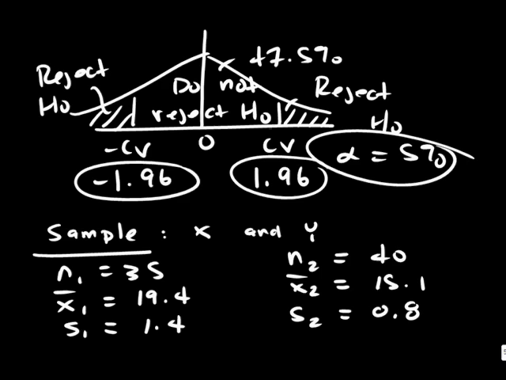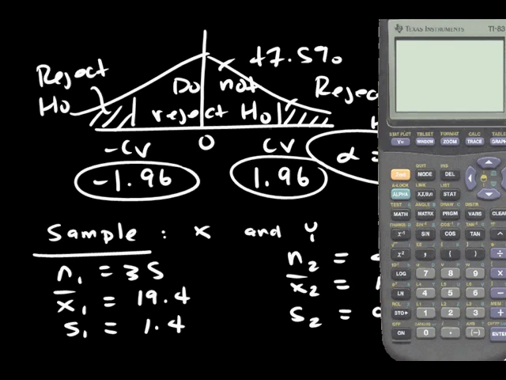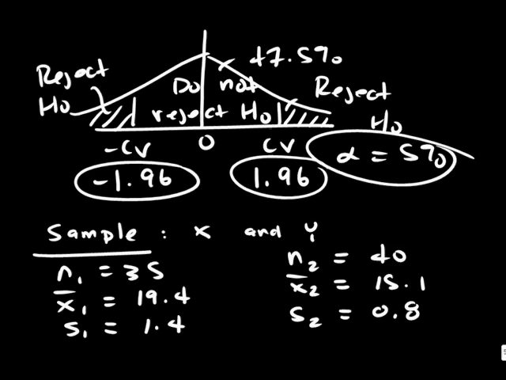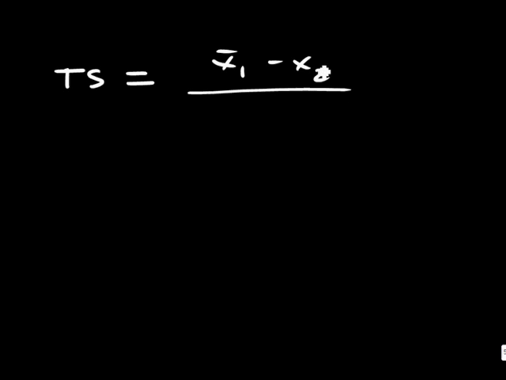The test statistic is found by taking the difference of two sample means divided by the square root of sample variance for group 1 over the sample size of group 1, plus sample variance from sample 2 over the sample size of sample 2.